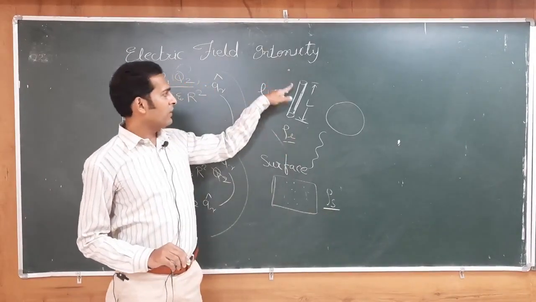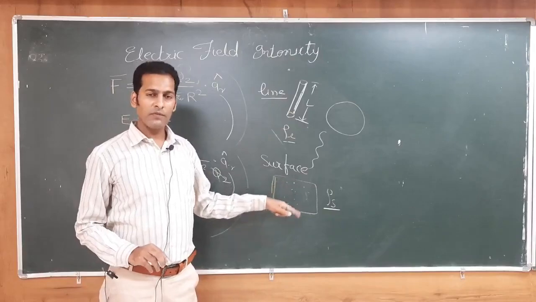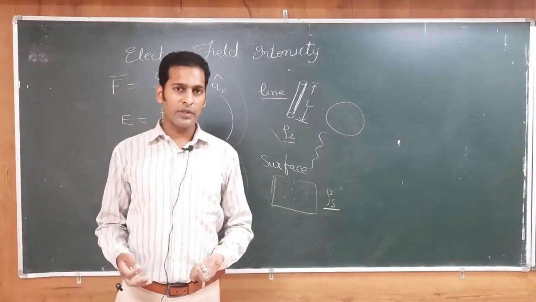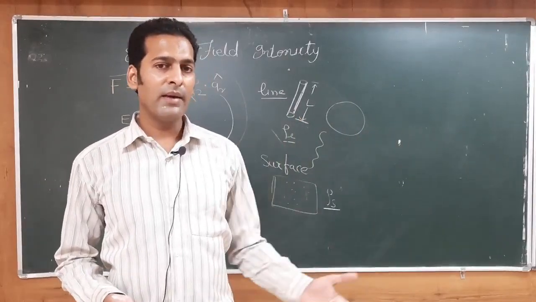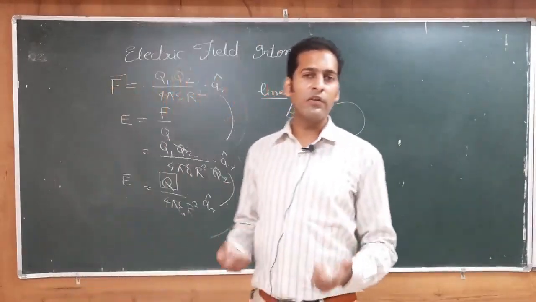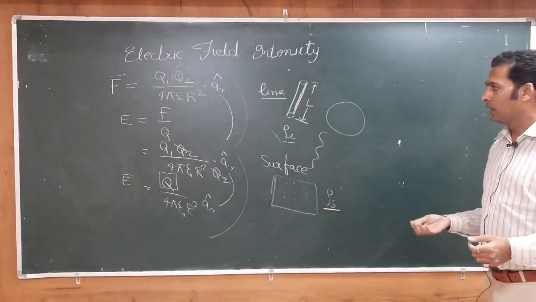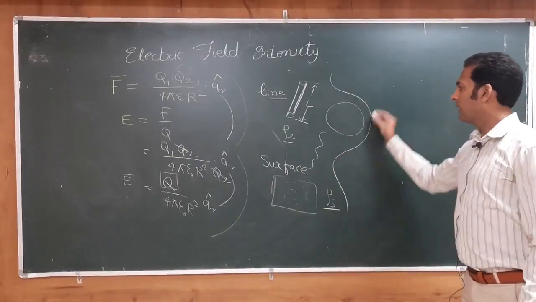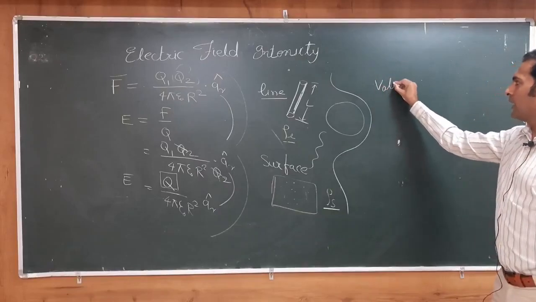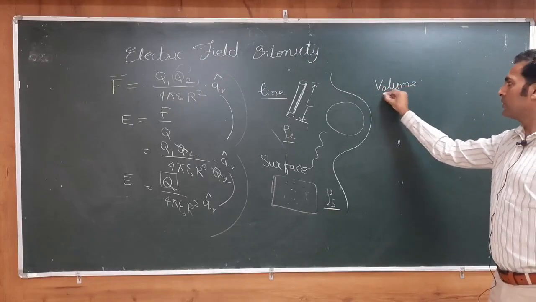Now, like from a point we got a line, from a line we have a surface. If we connect multiple surfaces, we will get a volume. My source, my antenna, may be a volume. A volume may have different shapes, it may be a cubical shape. So, I consider a third case where I want to calculate volume charge density.